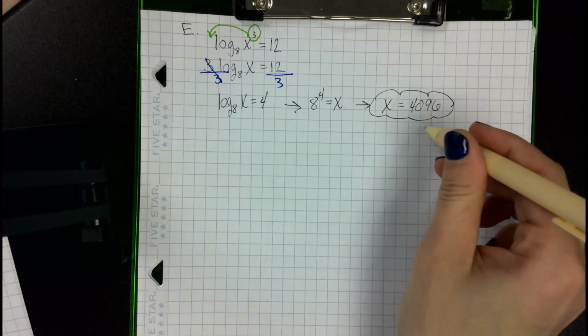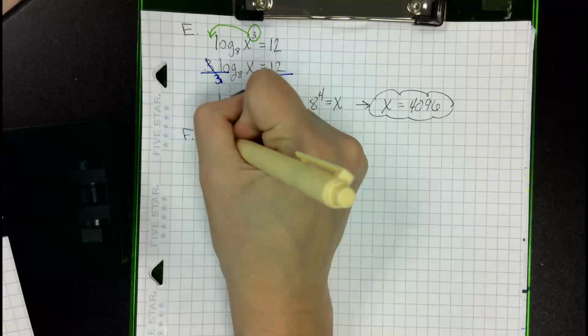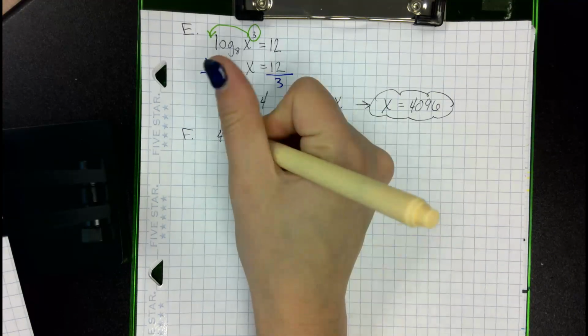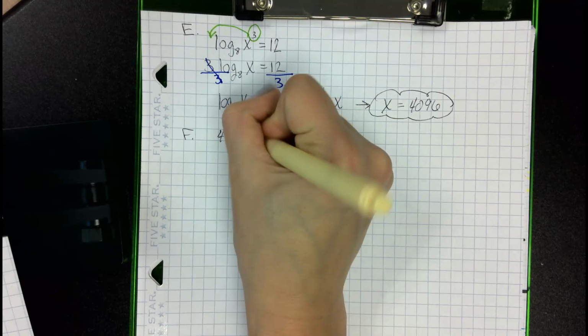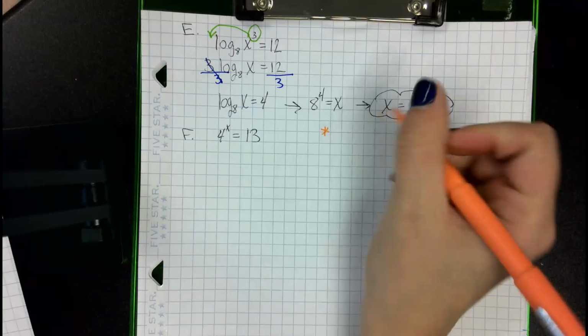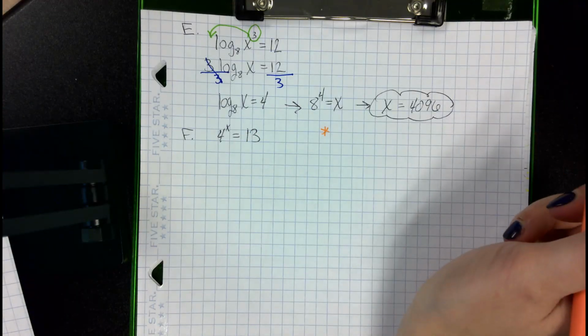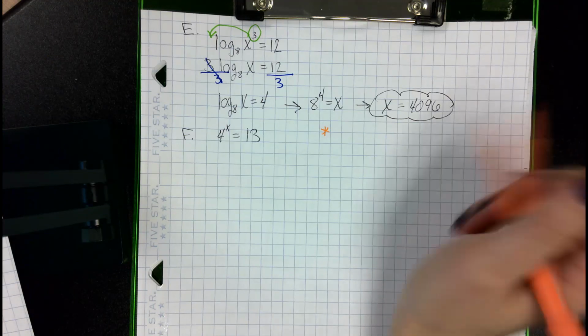All right. F. 4 to the x equals 13. Okay, so this one we have an exponential, but we cannot do a common base because we cannot write 13 as a base 4 exponent.